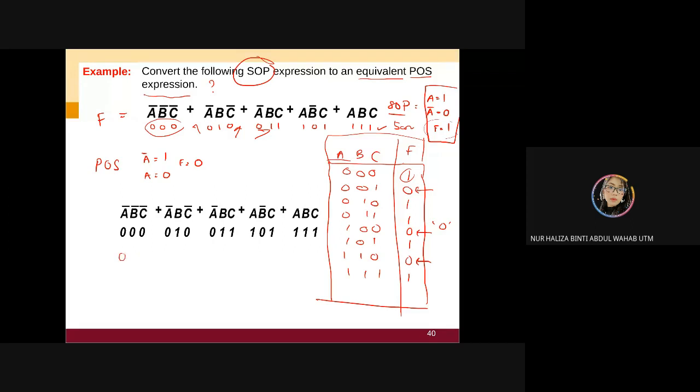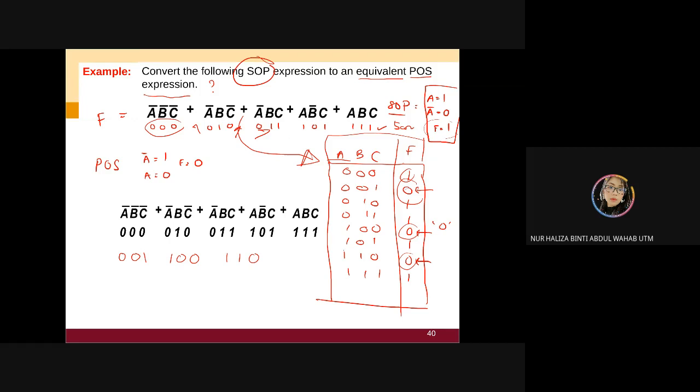First, you're going to get 0, 0, 1. Next, you're going to get 1, 0, 0. And lastly is 1, 1, 0. So this is the value 0 that I picked from the table that you draw from your SOP here.